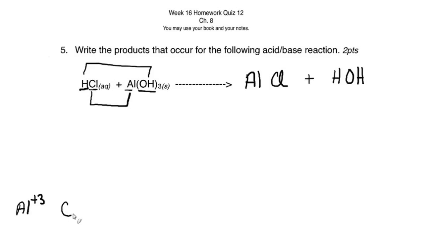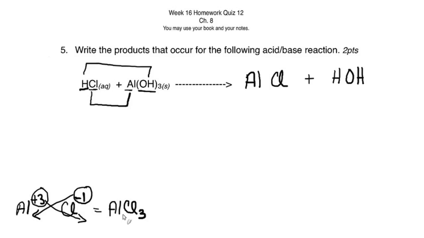Chlorine is a group 7 element, which means it's going to have a -1. That means that we're going to have to change the ratio here. It's not a 1-to-1 ratio, and the easiest way to do that is to crisscross the charges and put them as subscripts. And you get aluminum chloride.